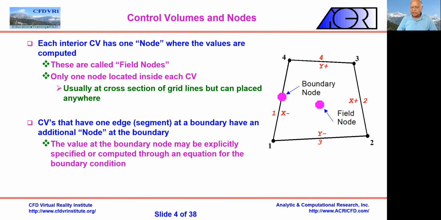The boundary node is used either to impose the boundary conditions for the problem, such as Dirichlet boundary conditions, or we compute the value at the boundary from the field nodes through an equation, such as for a von Neumann or radiation boundary condition, where we say we know the gradient or the combination of gradient and value, and this is what the value at the boundary should be.